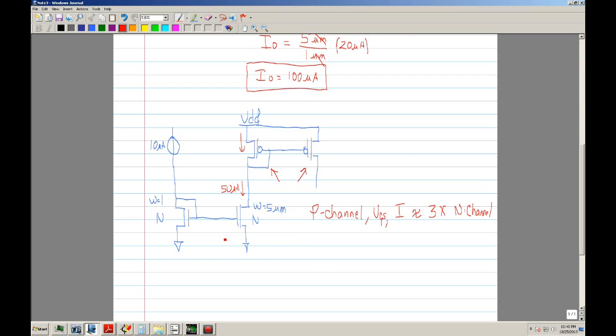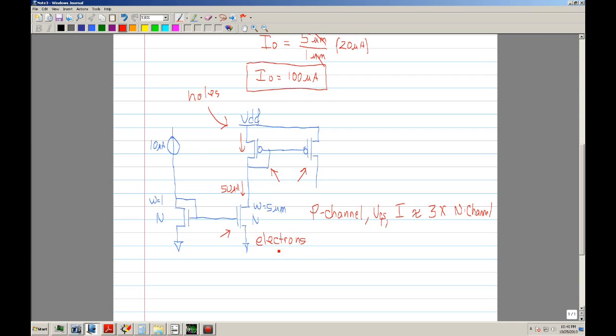Well, the reason that they're 3 times bigger for the same current is that for N channels, the majority carriers are electrons. And the majority carriers in a P channel are the holes.